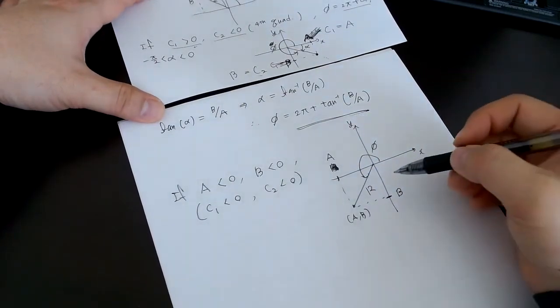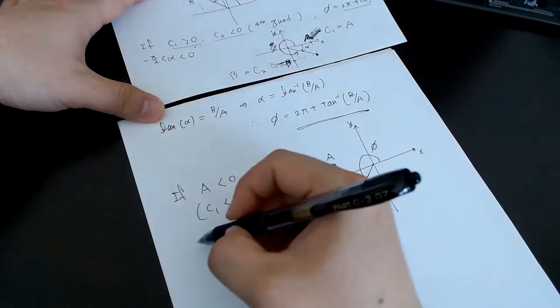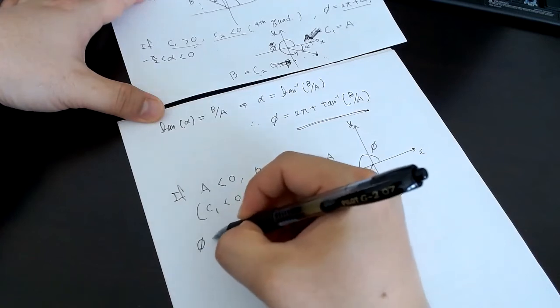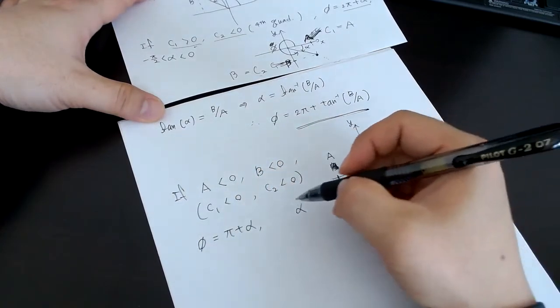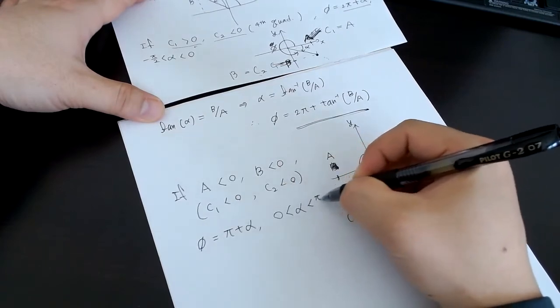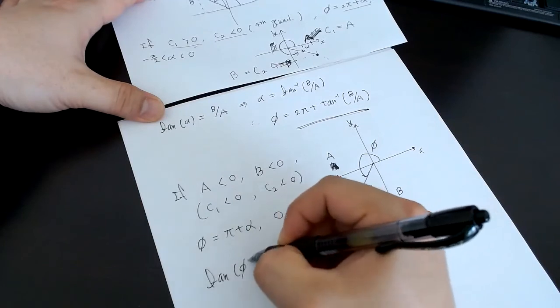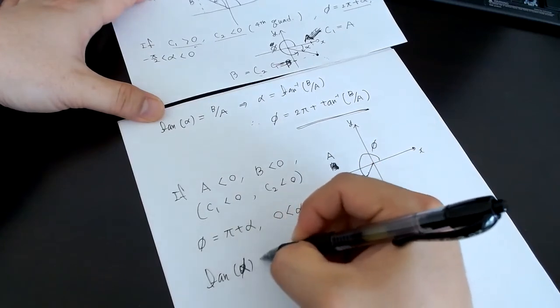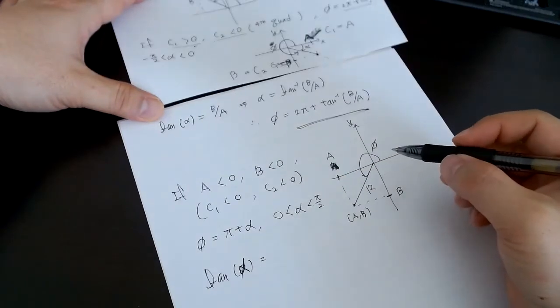Then tangent alpha. I mean, pi can be expressed as pi plus alpha, and then alpha is between 0 and pi over 2, right? So tangent alpha, I'm sorry, alpha is equal to B over A, right?